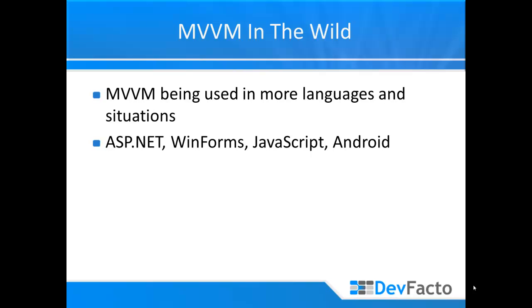Both of those have MVVM implementations on Codeplex. JavaScript has a library called Knockout.js, which basically allows you to do exactly what WPF does, which is subscribe to some data and say, hey, every time you refresh, let me know because I'm the one responsible for displaying you. I've even seen it mentioned for Android as well. So it's really cross-platform, cross-language, all sorts of great stuff. It's just a pattern.